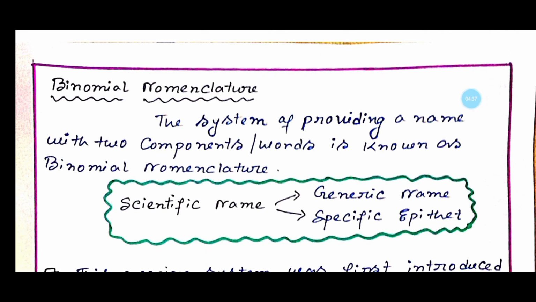Let's understand this with an example. The scientific name of tiger is Panthera tigris. See here, the scientific name consists of two components. One is Panthera and another one is tigris. That's why it is binomial nomenclature.